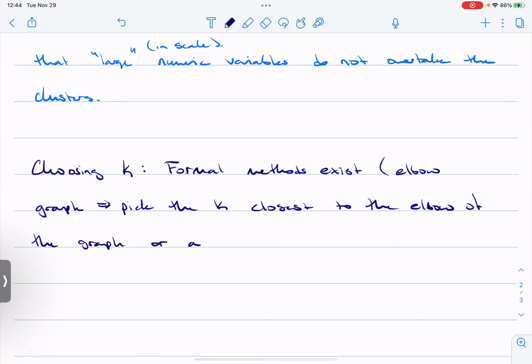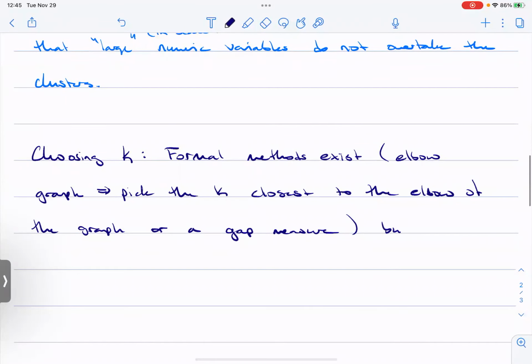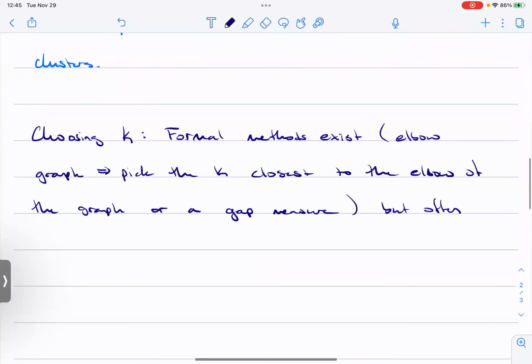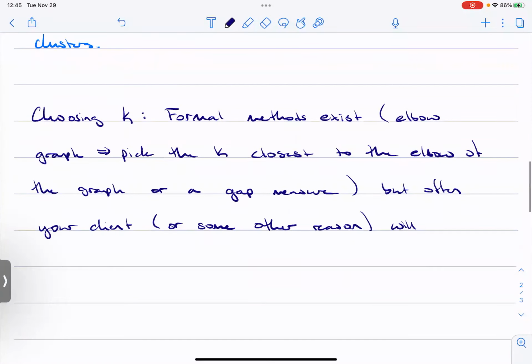Or a gap measure is another option that we could consider, which is extremely formal. But often your client, or just you, are going to have some idea of what's reasonable. Often your client or some other reason will have an idea of how many clusters are reasonable or necessary.